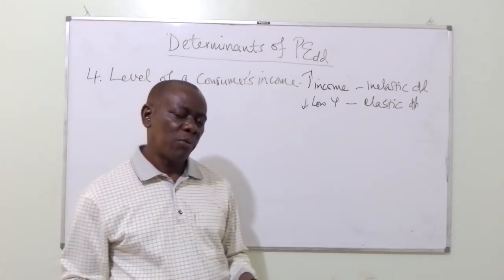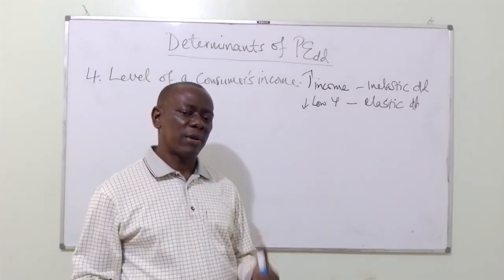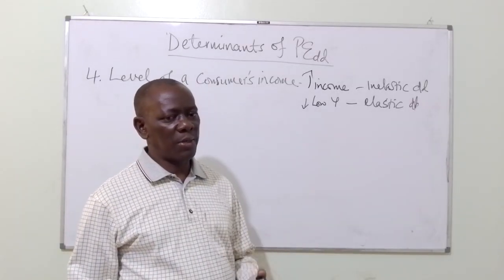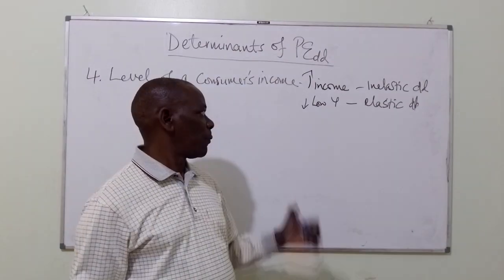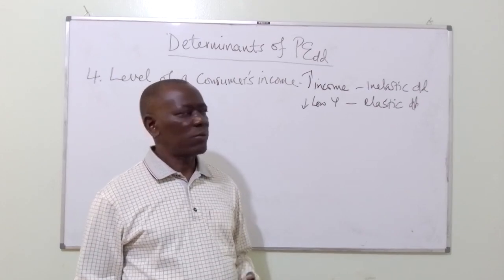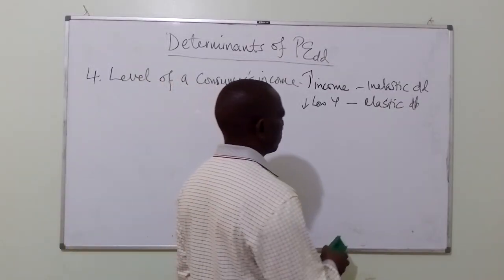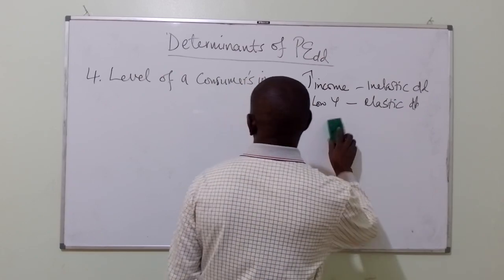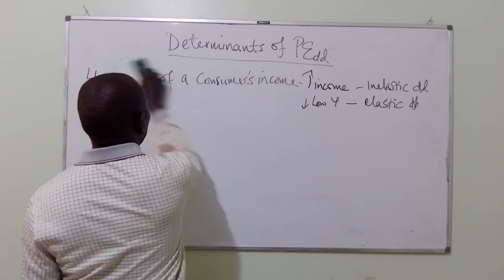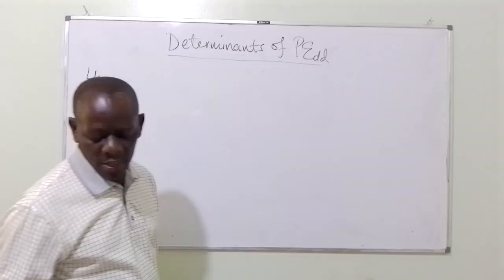With those people who have high income, there is a tendency of having inelastic price elasticity of demand, whereas those who have low income, there is a tendency to have elastic price elasticity of demand. So that is the level of consumers' income.